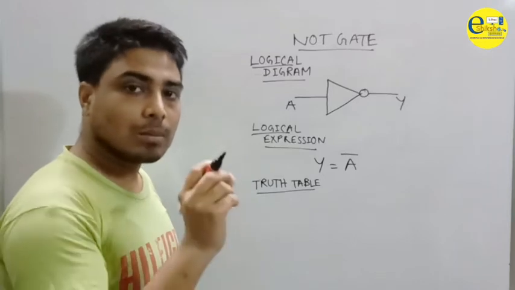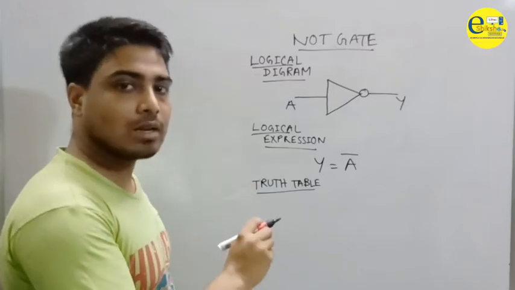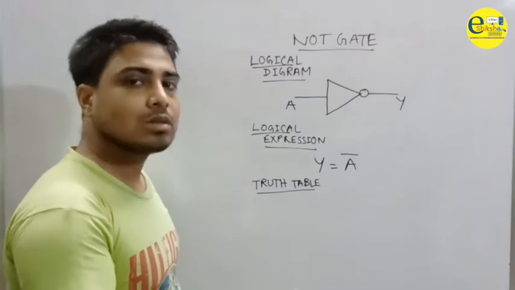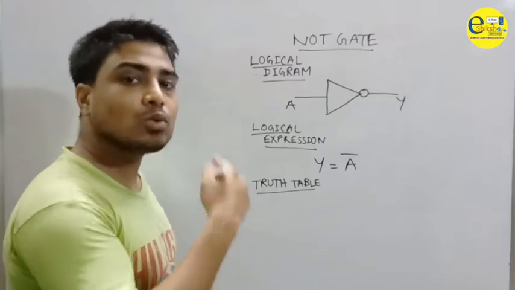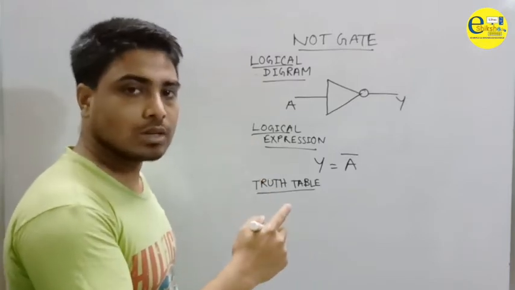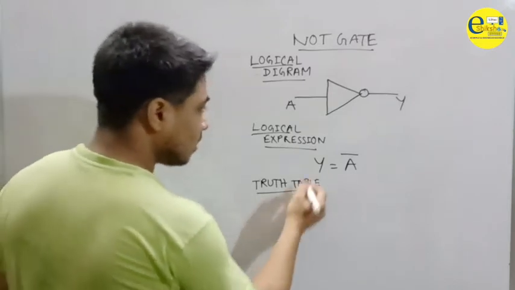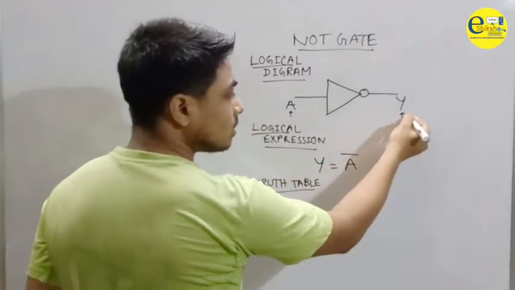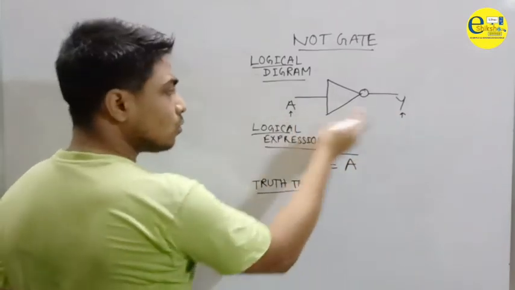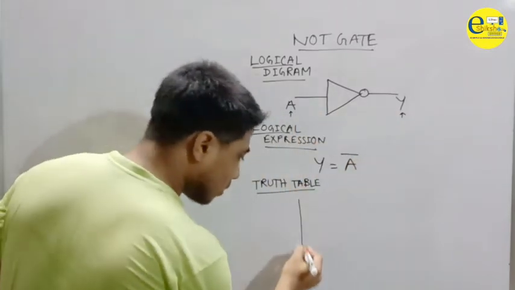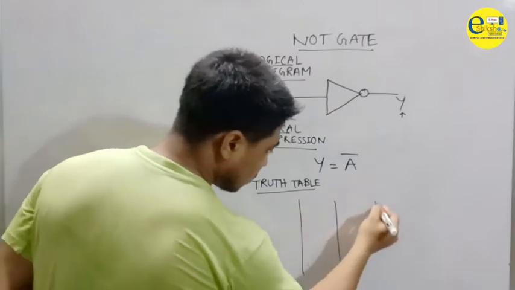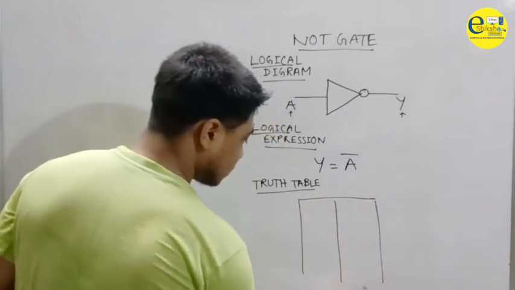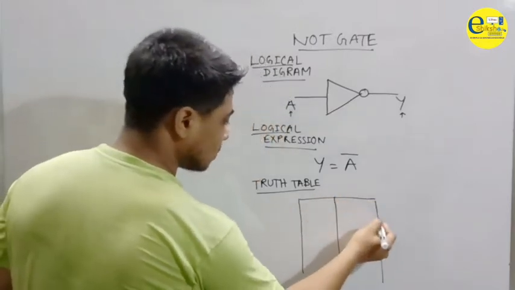The total number of columns in a truth table is equal to the total number of inputs plus the total number of outputs. Here the number of inputs is 1 and the number of outputs is 1, so 2 in total. That's why I am drawing 2 columns here.